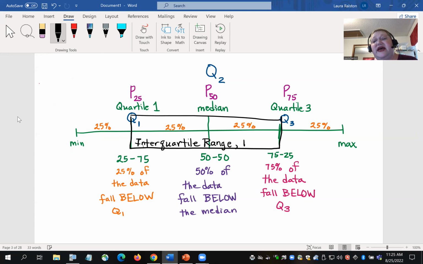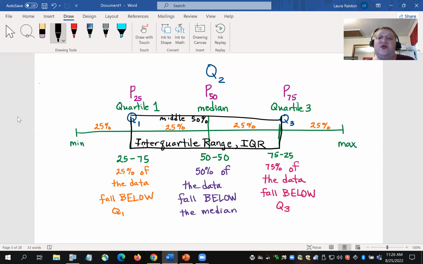It's abbreviated IQR. And it encompasses from Q1 to the median, you have 25%. From the median to quartile 3, you have a second 25%. So the interquartile range encompasses the middle 50% of the data set.